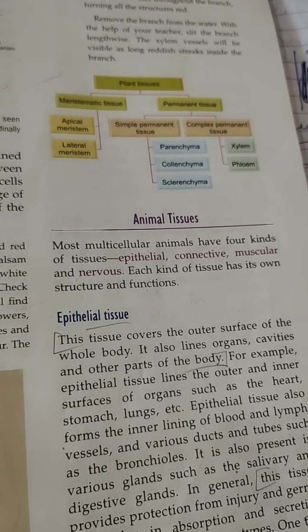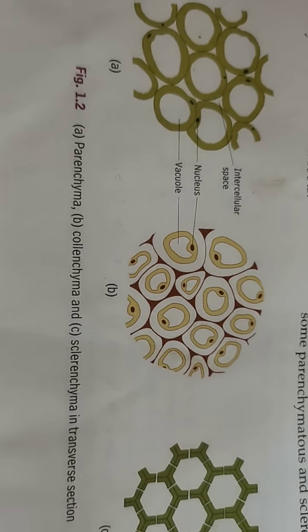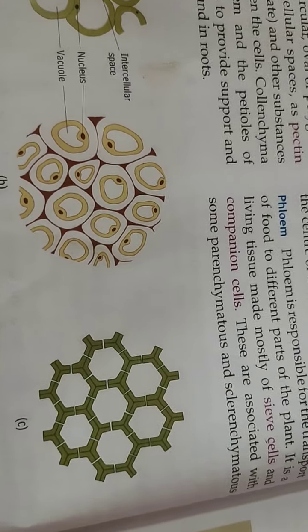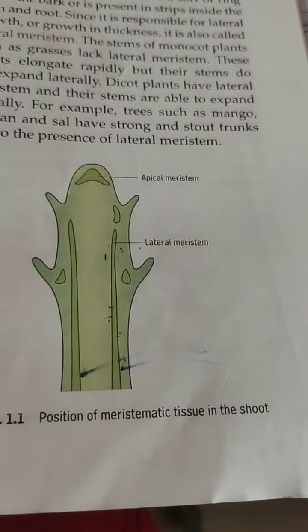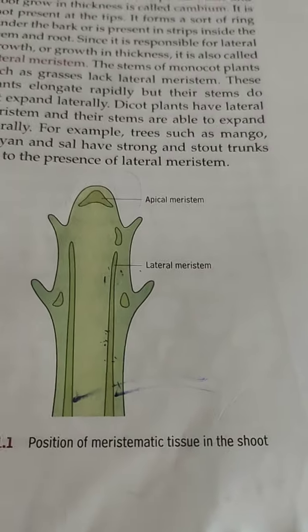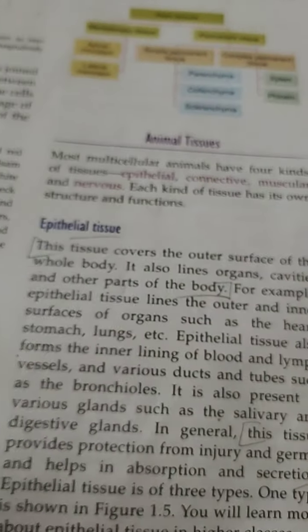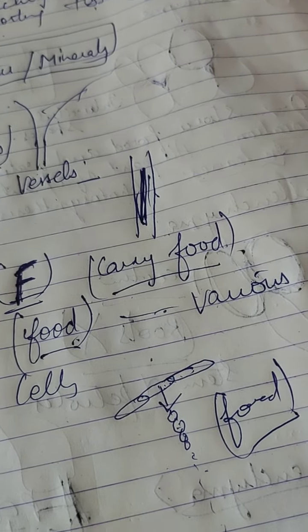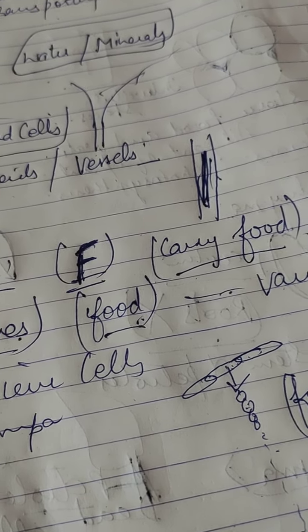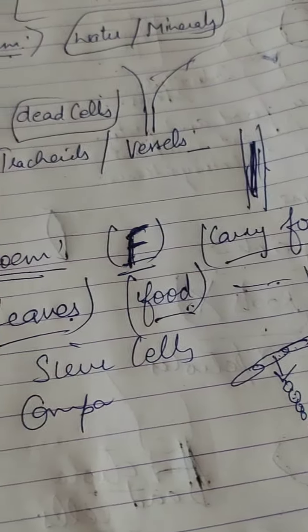Moreover, these diagrams we have done, parenchyma, collenchyma, sclerenchyma, you have to draw in your fair notebook. In the same way, draw figure 1.1, position of meristematic tissue in the shoot. So up to this we have done tissue and plant tissue. In the next video we will discuss animal tissue.